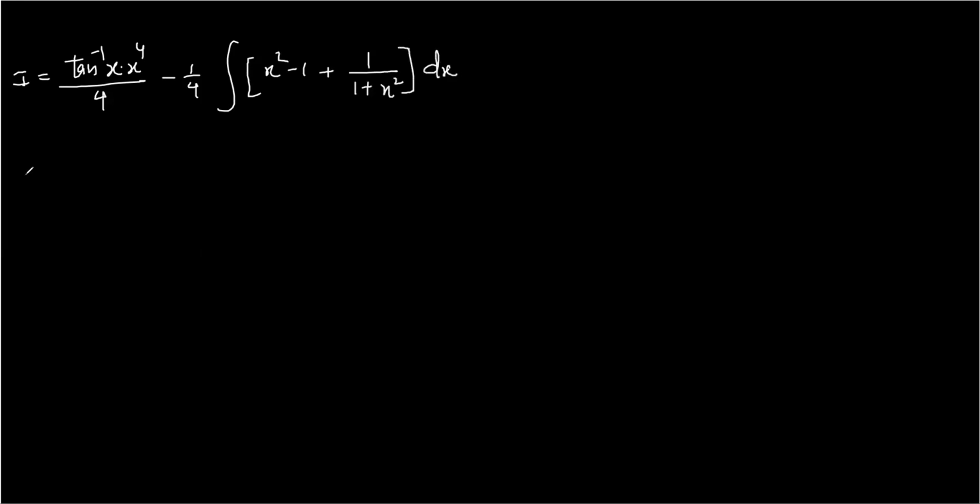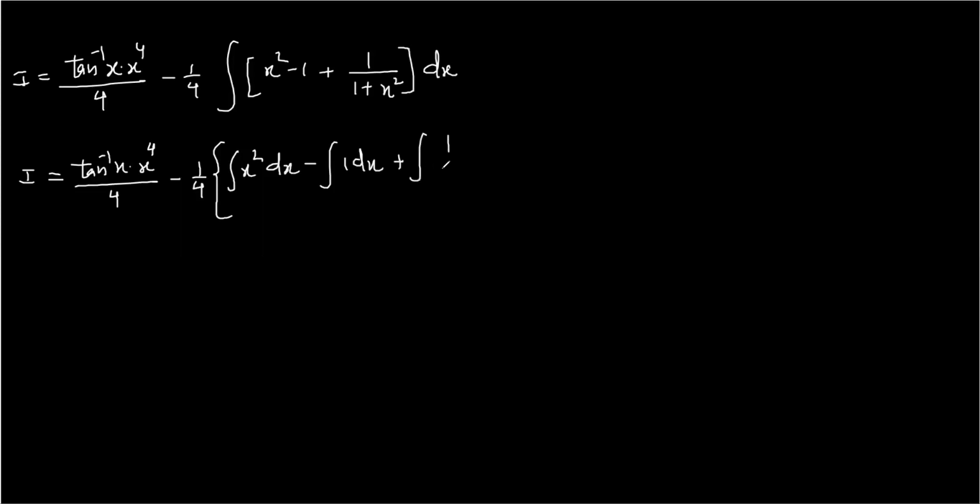So here I have therefore I equals to tan inverse of x into x raised to 4 upon 4 minus 1 upon 4, and now I write separate integral for this. So here I put a big bracket and then write integration x square dx minus integration 1 dx plus integration 1 upon 1 plus x square dx. Okay, and the bracket is closed.